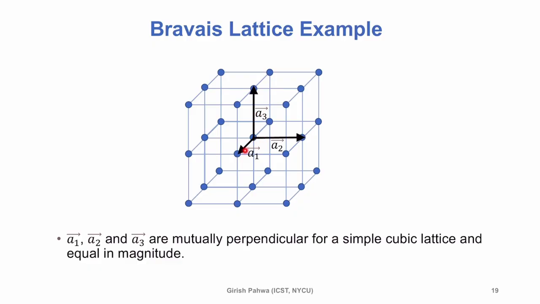This is going to be a simple cubic lattice. So a simple cubic lattice is a lattice in which you have the lattice point only at the corners. See, there is nothing inside, but at the corners you have the lattice point. Okay, and a1, a2 and a3 in this case are mutually perpendicular primitive vectors.